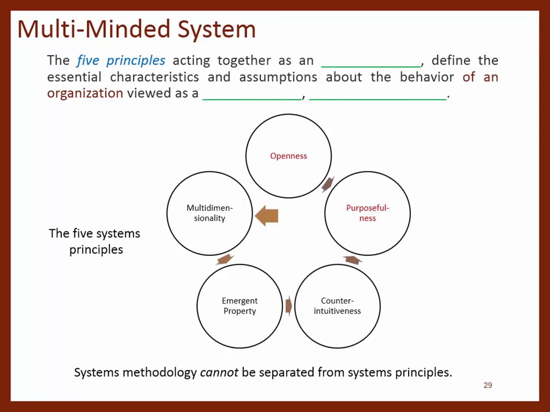So the 5 principles acting together as an interactive whole define the essential characteristics and assumptions about the behavior of an organization viewed as a purposeful and multi-minded system. So these are the 5 principles: openness, purposefulness, counterintuitiveness, emergent property, and multidimensionality.